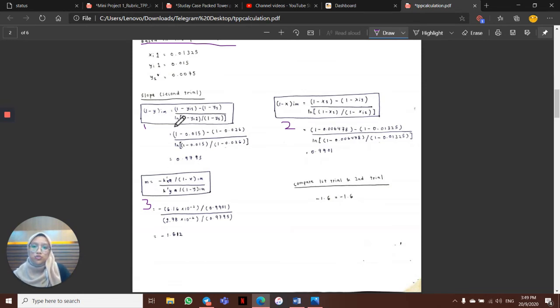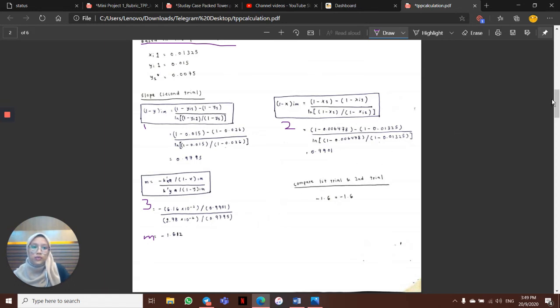You need to substitute the first and second equations into the third equation. Just like that, you will get the gradient, m, which is negative 1.612.